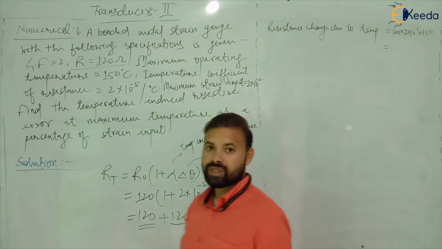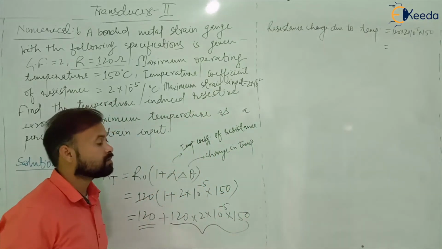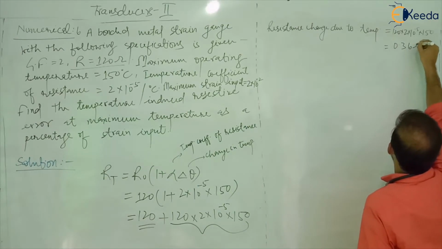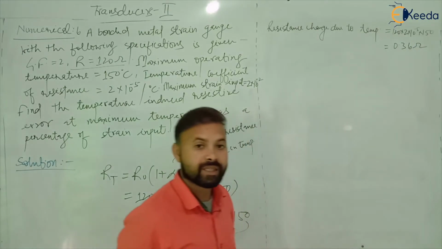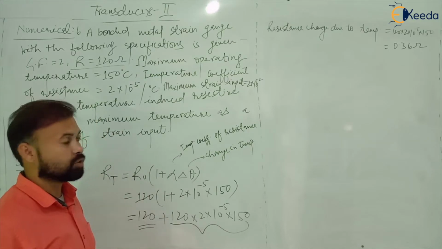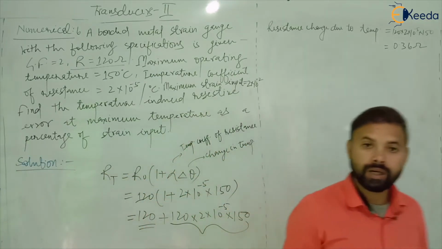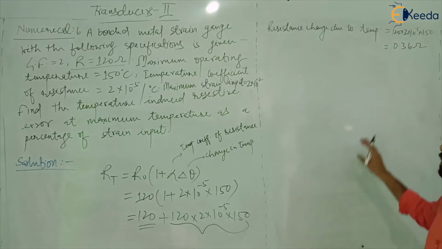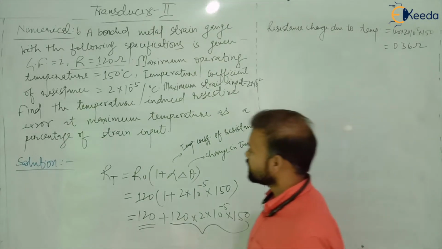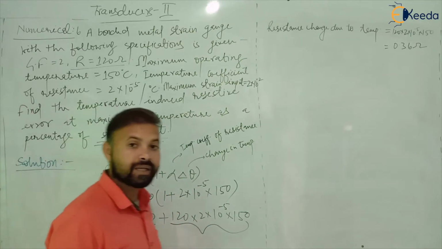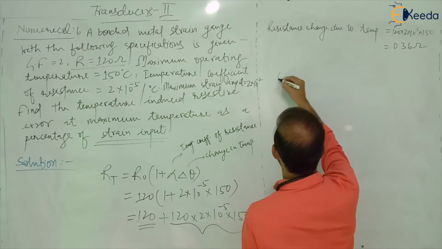Okay, calculate this quantity and you will be getting 0.36 ohm. This is your resistance change due to temperature, right? Now let us calculate the change in resistance due to strain input.